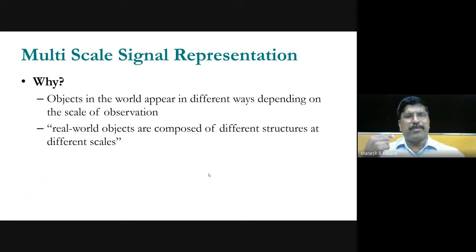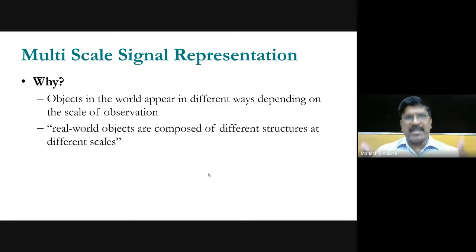For example, if somebody has a mole on his face, it is not visible from 50 meters away, but it is visible from 1 meter away. But at 1 meter you will not get much detail about the background of that person.